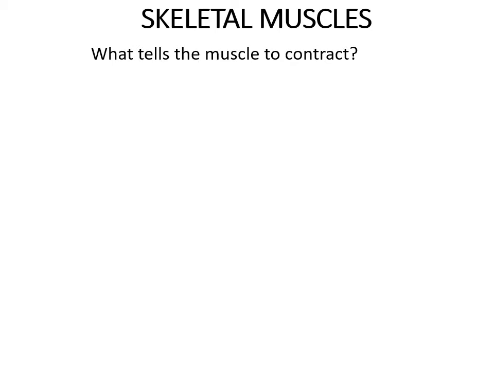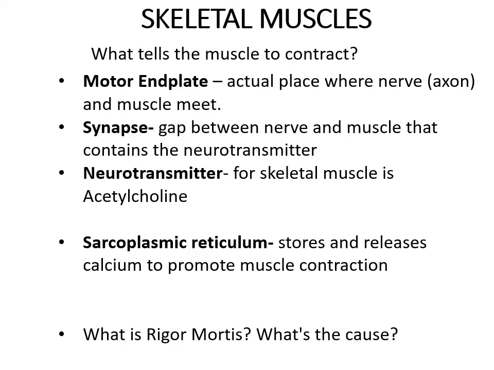Okay, so typically the neurotransmitter for all skeletal muscles is acetylcholine. And that's going to be important in pharmacology at some point, because there's certain drugs that we use to paralyze skeletal muscles so that patients don't move, say, during a procedure or during surgery.